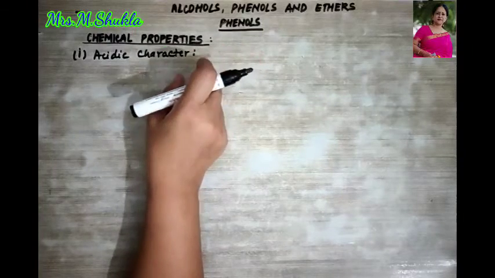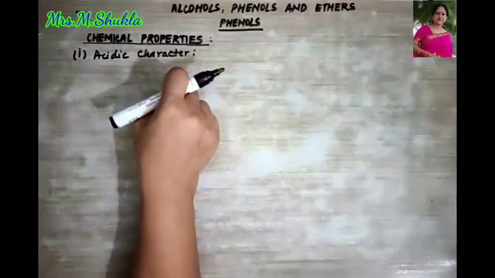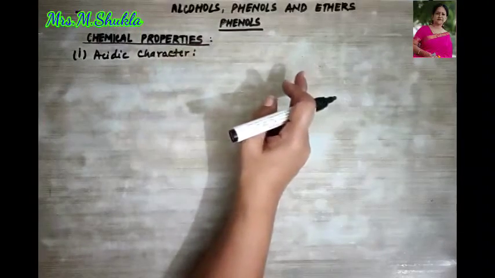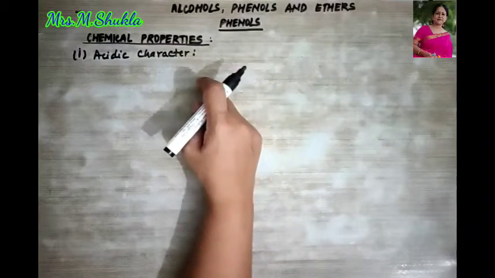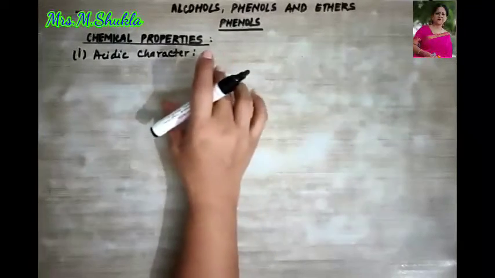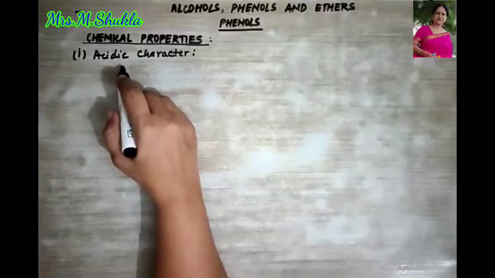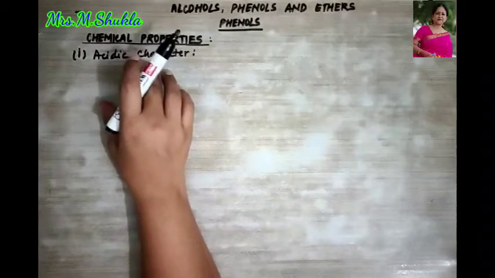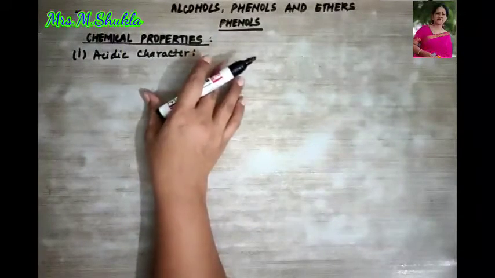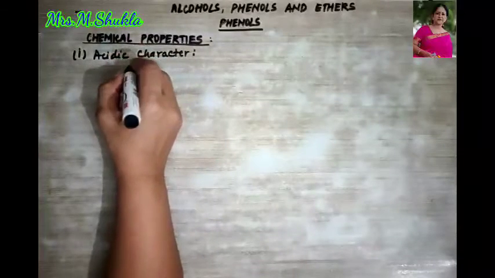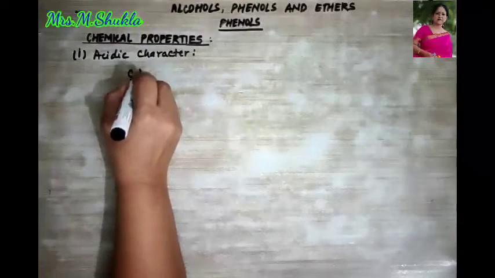It can be treated with the alkali metal or its hydroxide, and then it has to release salt and hydrogen in case of metal, and water in case of its hydroxide. Clear? So if this happens, then we can say that this particular compound is acidic in nature.